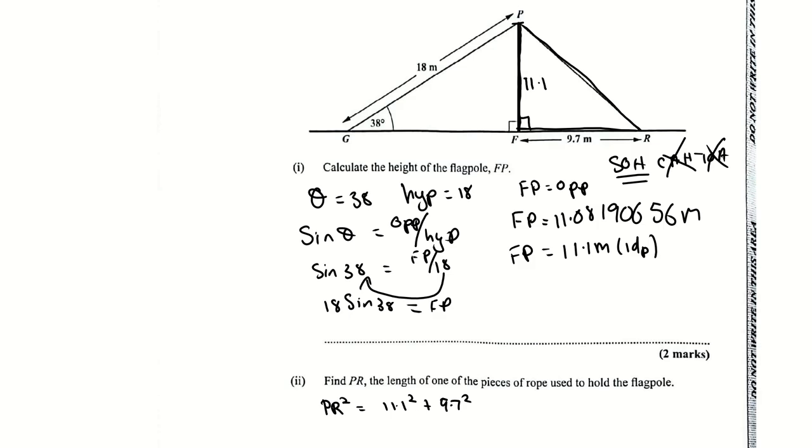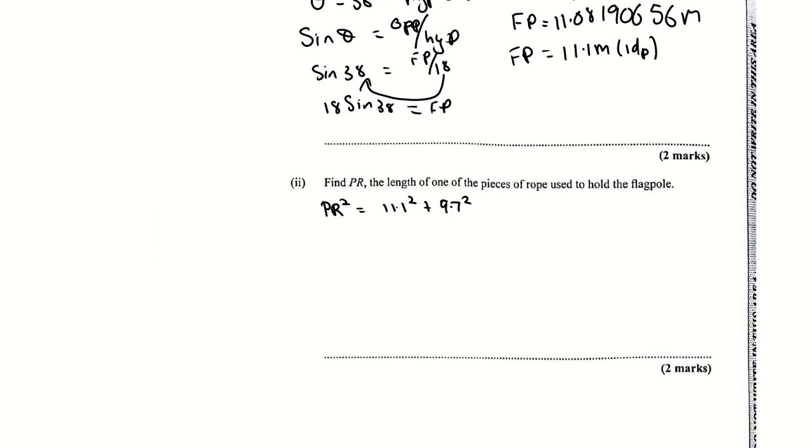If I want to find PR, PR is going to be the square root, because if I carry across the square, the opposite of squared is square root, right? 11.1 squared plus 9.7 squared, close bracket. Exactly how I have it here is what you're going to put in your calculator.